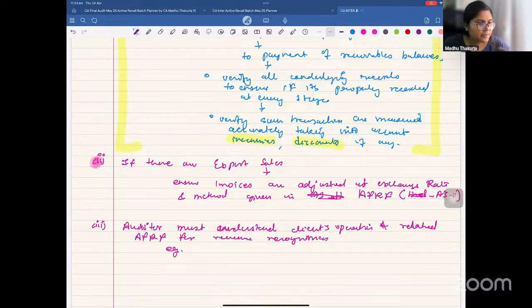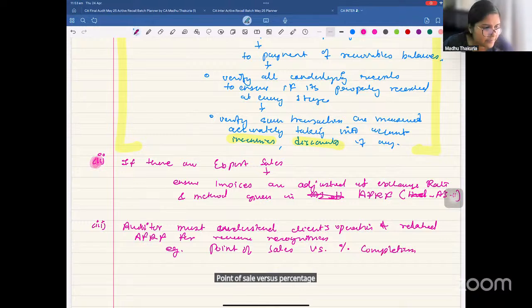Example, point of sale versus percentage completion.